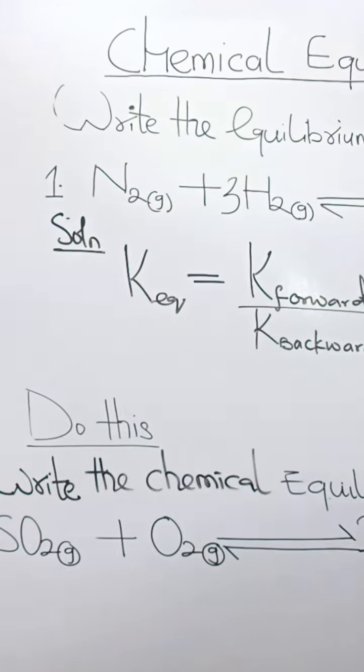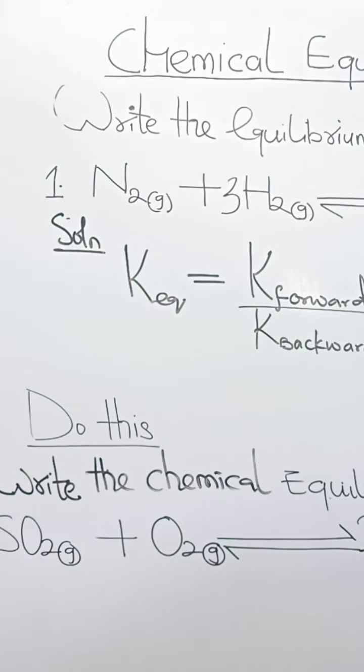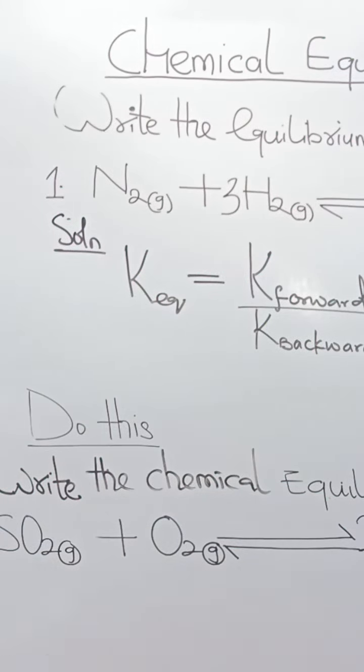If I'm writing the equilibrium constant for a solid as well, it is still equal to 1. That means if I have CaCO3, which is a solid, the equilibrium constant of CaCO3 equals 1. So it should be noted that pure water, that's H2O, and solids have an equilibrium constant of 1.